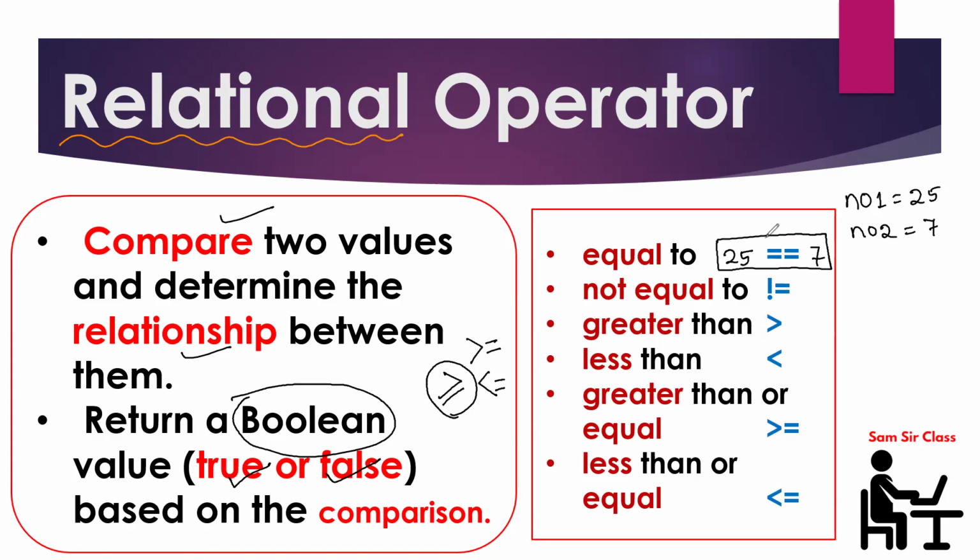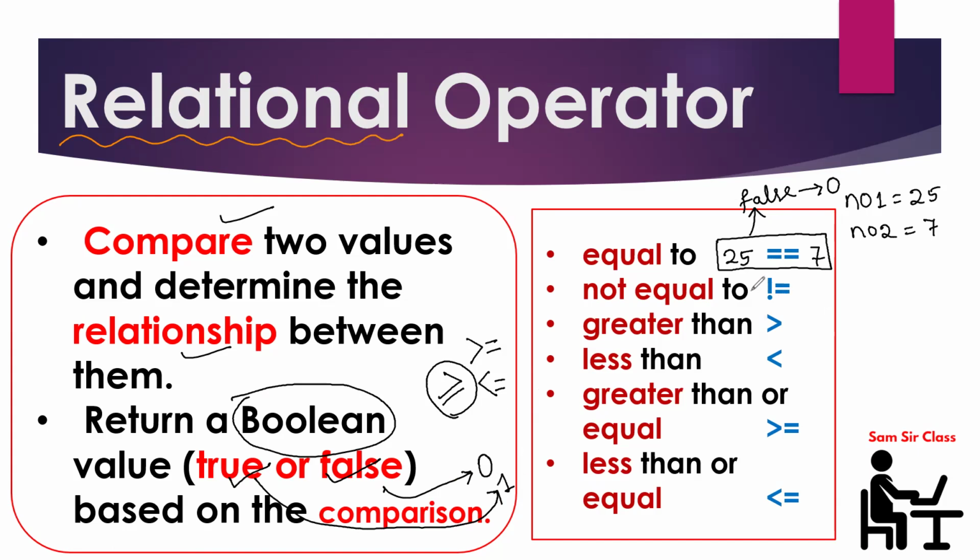Obviously not, so it will return false. And once it returns false, the value of the expression is 0, because in C programming false is represented as 0, and for true the value is represented as 1.